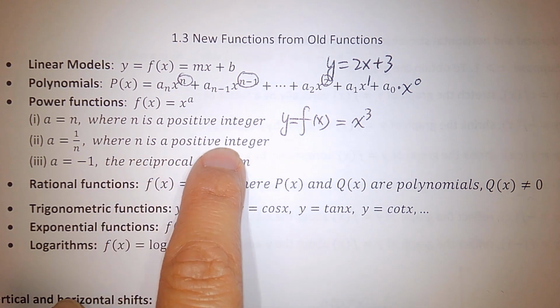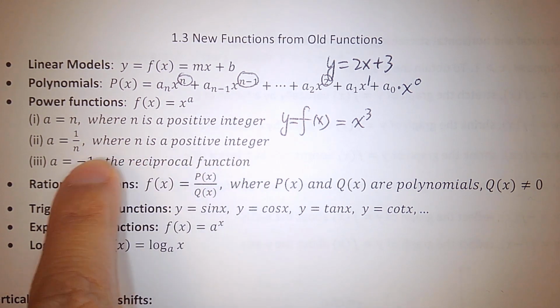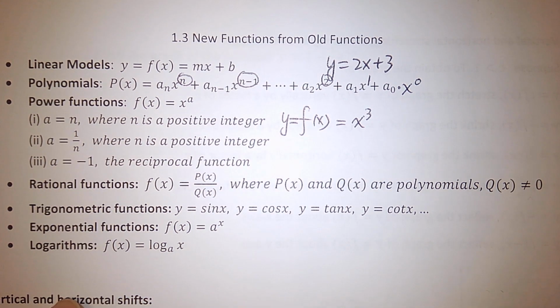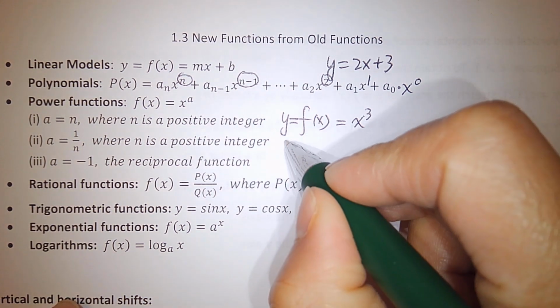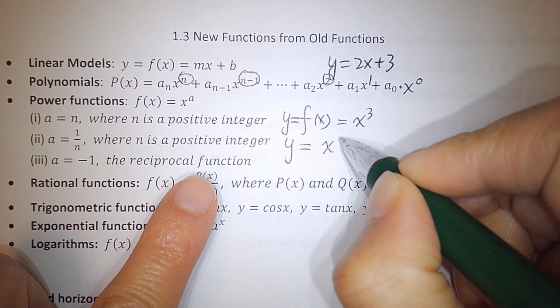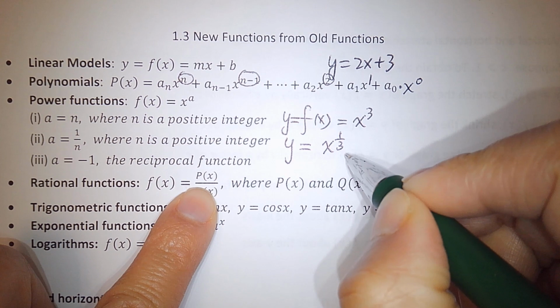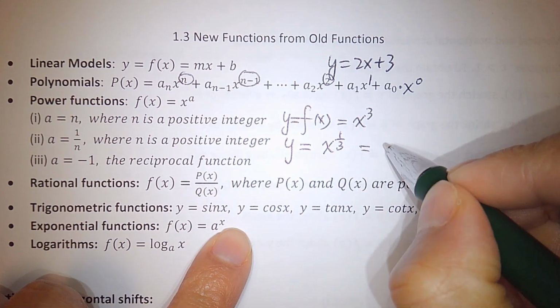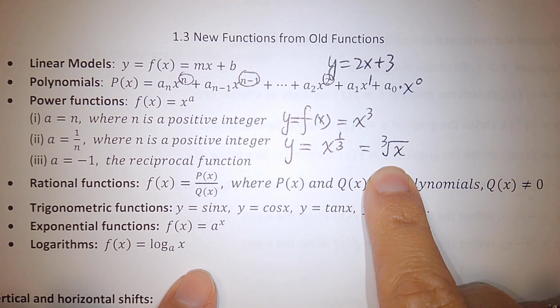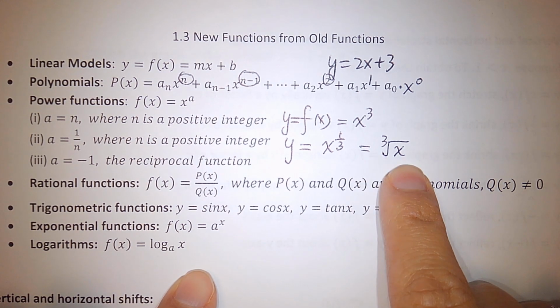When n is a positive integer, 1 over n is what? It is a fraction, right? So what type of power function can we get? See the example, x to the a, when a equals 1/3, what type of function is this? Root functions, right? Radical functions, right?